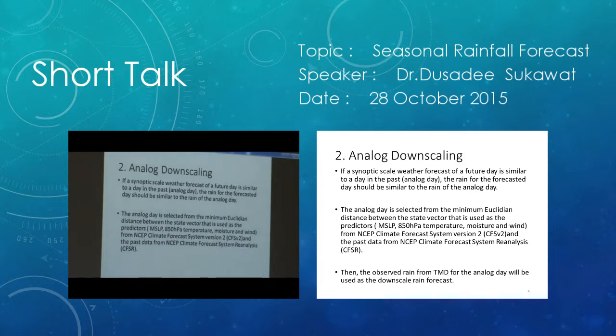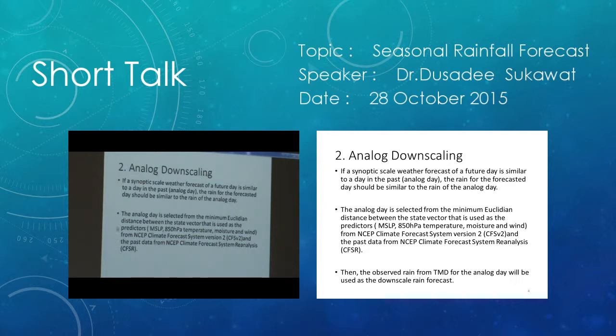I got the forecast from the climate model of the National Center for Environmental Prediction, or NCEP. This is called the NCEP Climate Forecast System, and it can forecast up to 9 months in advance.